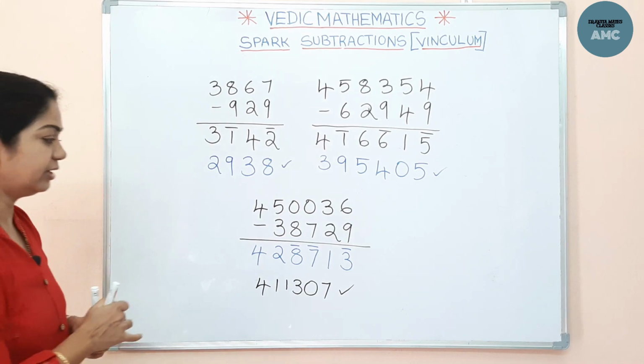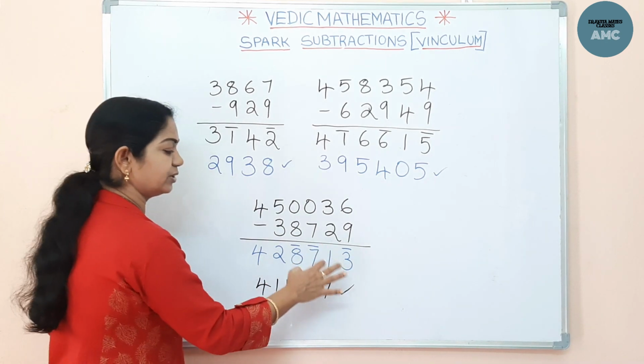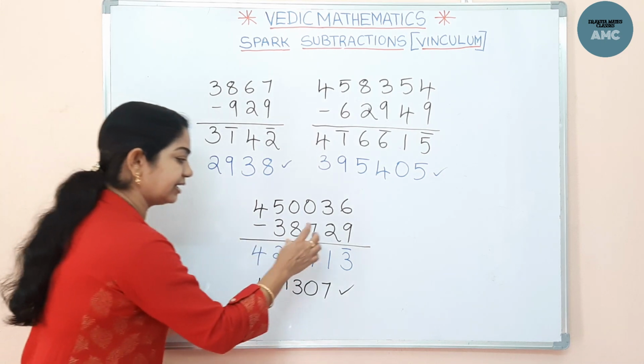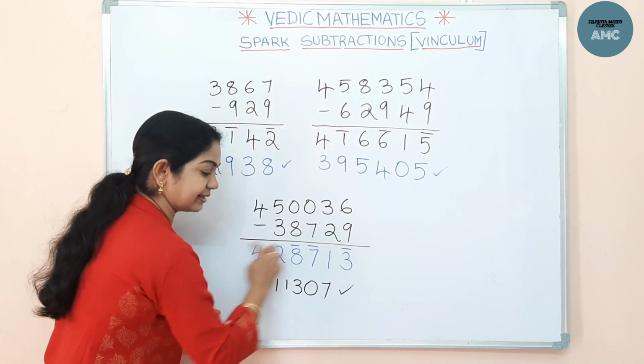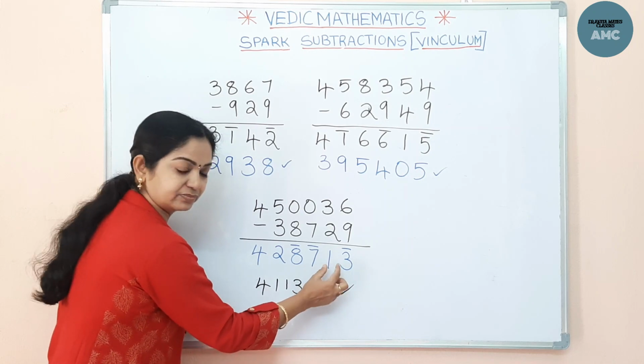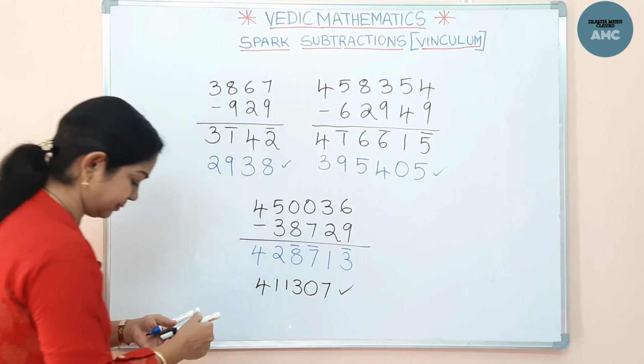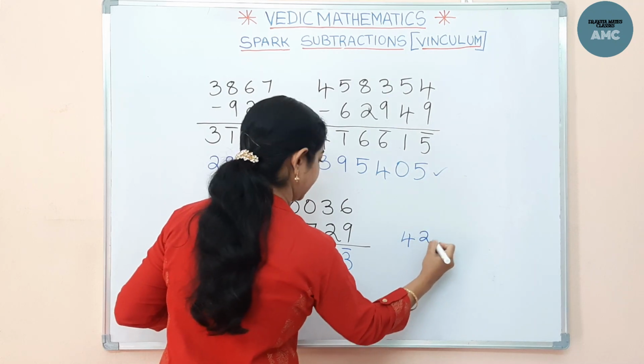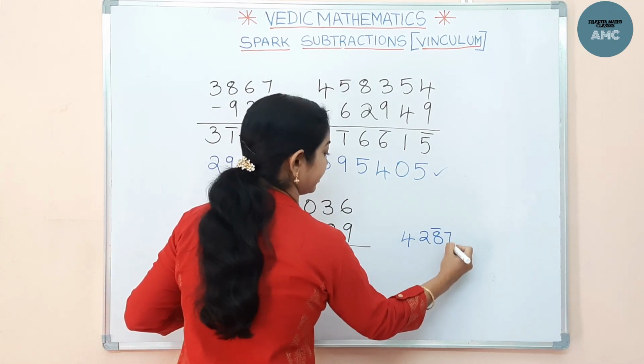Likewise, if you get 0 in the answer, that will be continued. Suppose my answer has 0 here, let us take that variation also. If the answers we do get sometimes, isn't it?